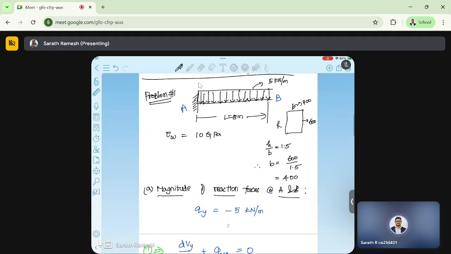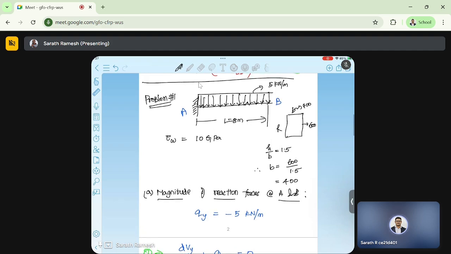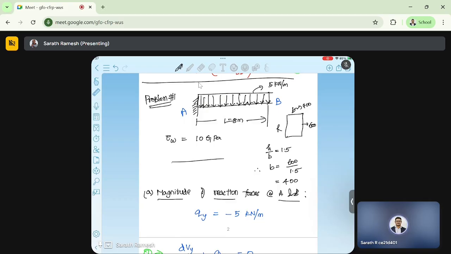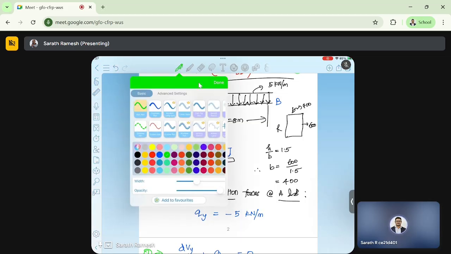Fine. This is using equilibrium equations, differential equation, and doing integration. Directly, you can also do this problem. Just draw the free body diagram. When we draw the free body diagram, we have a uniformly distributed loading here, and the reactions are exposed.